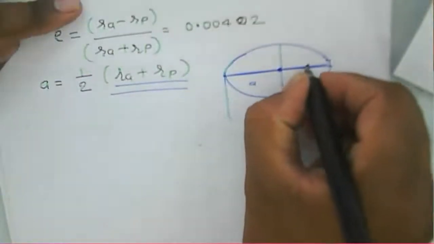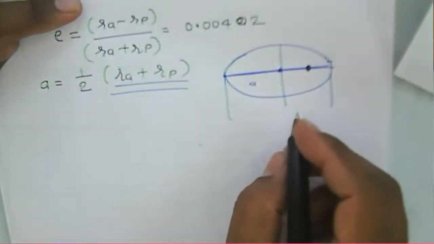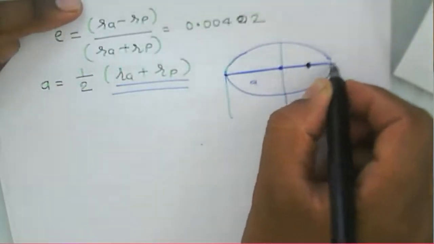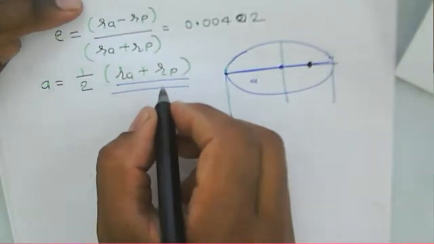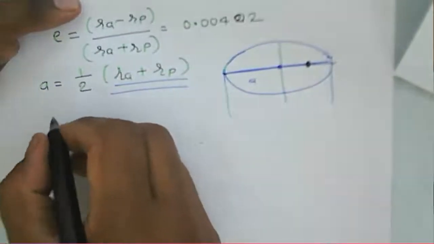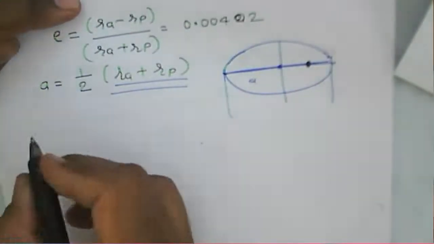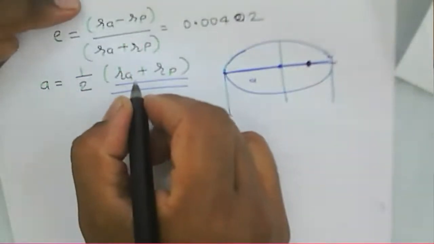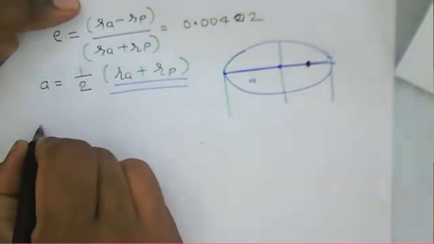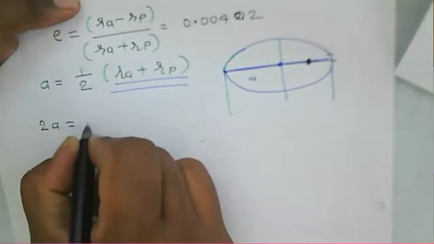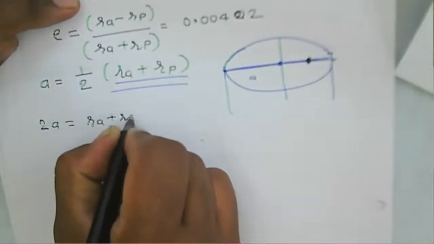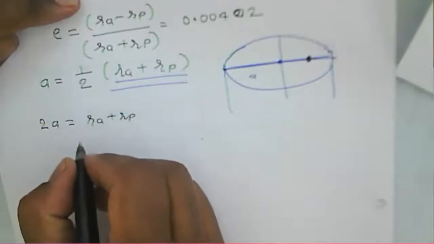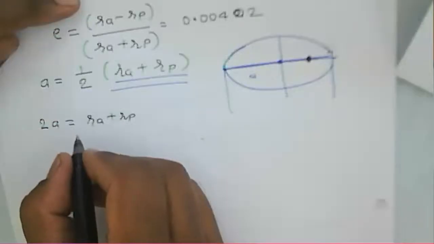Because here we have the center of the earth, from this to this is RA, and from this to this is RP. So RA plus RP. A we have to calculate. A is equal to 1 by 2 of RA plus RP. If you solve it, twice A is equal to RA plus RP.